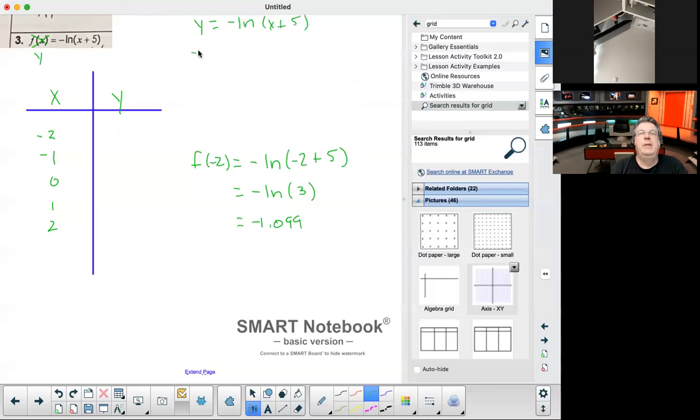So I'm going to say negative y equals ln of x plus 5. Is that okay? Yes. Okay, so then we're going to go to exponential form and we would get e to the negative y equals x plus 5. Correct. And so e to the negative y minus 5 is equal to x.